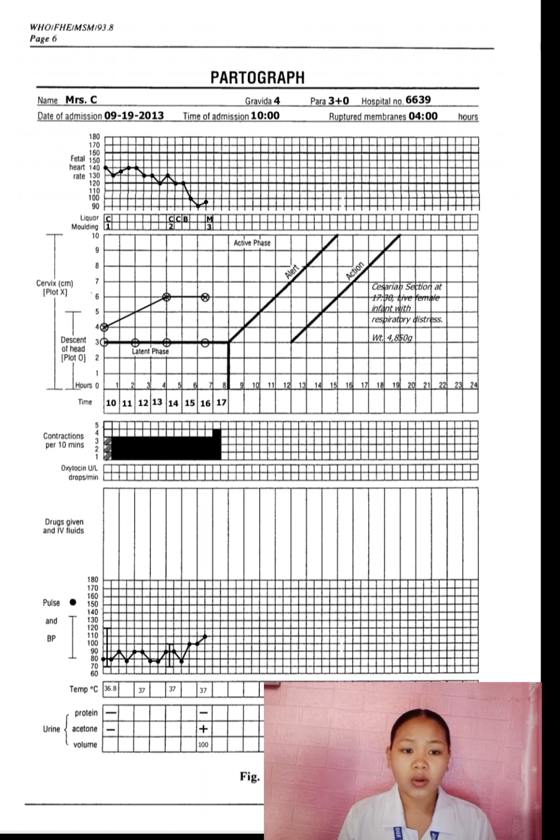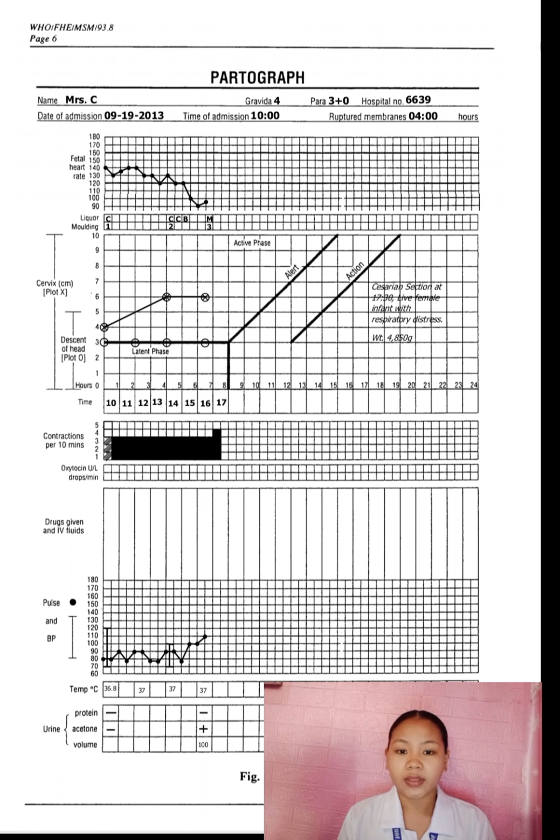In the partograph, the uterine contractions are marked in squares of a vertical column at 10-minute intervals and filled in according to the intensity and duration of contraction. The oxytocin infusion is mentioned here also, and the drugs and IV fluid infusion are stated as well.